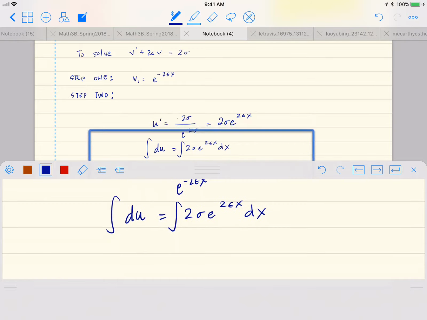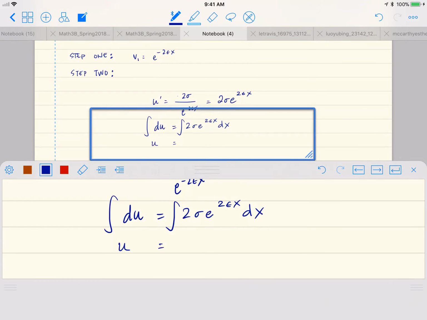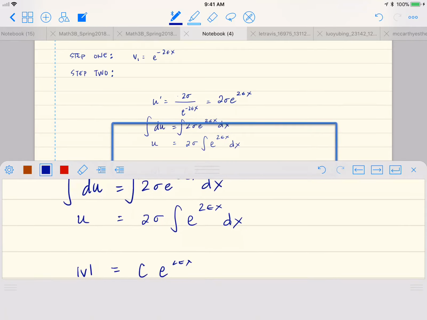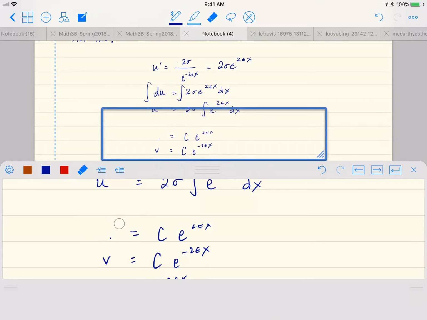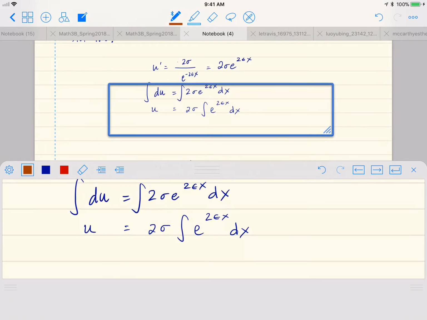Integrate. On the left-hand side, we'll have u. And on the right-hand side, now we can bring out the 2 sigma. What's the integral of e to the 2 epsilon x dx? Do a substitution. Let u equal 2 epsilon x. This is poor notation because that u looks like the other u, but it's not supposed to be.